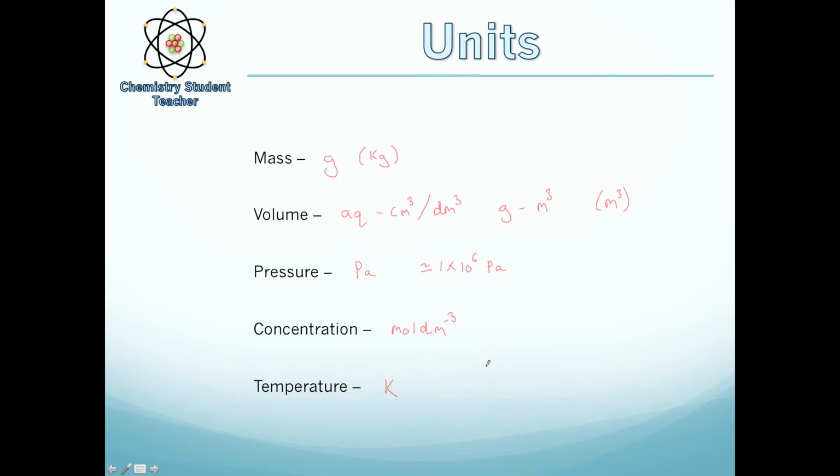So molecules wouldn't vibrate anymore, they would just stand still, which we haven't been able to get down to. We've got close, but we haven't got there. So 0 degrees C, as you'll know, on the Celsius scale, is equivalent to approximately 273 Kelvin. It's actually 273.15 Kelvin. But for A level, you just need to know it to the nearest whole number. Okay, so they're the units that we'll use today.